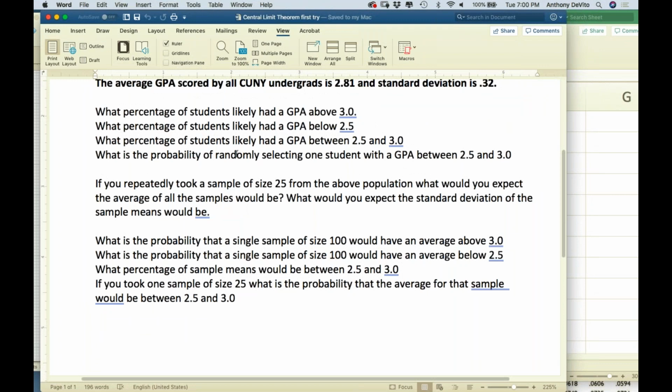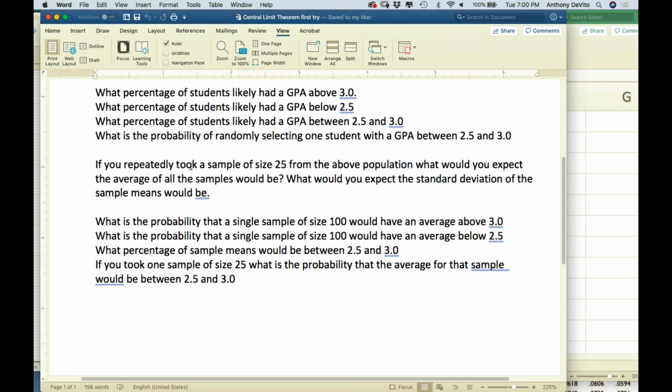In other words, if 55% of the students have a grade point average between 2.5 and 3.0, if I randomly select one person, there's a 55% chance that they're going to have something in that range. So I can look at that normal distribution as a probability distribution. And I can also keep in the back of my mind that it represents a population, real people with real scores. So that's really the same answer there.